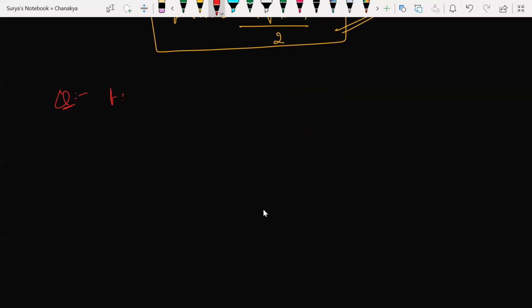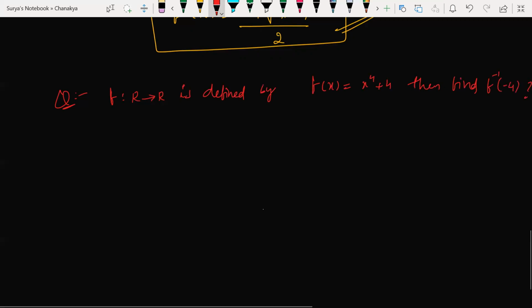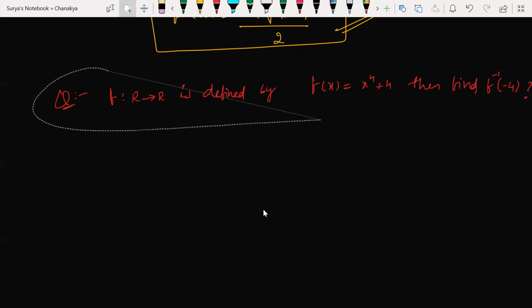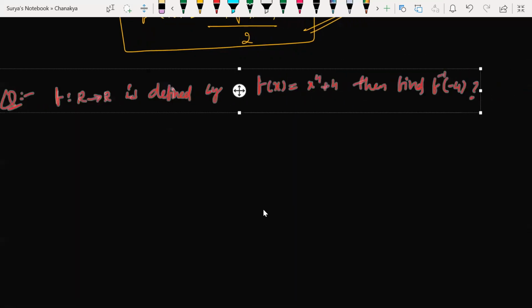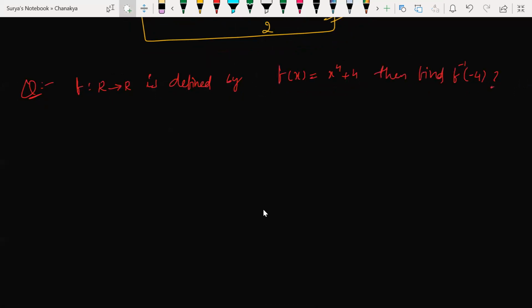If the function is a mapping from R to R, defined by f of x is equal to x to the power of 4 plus 4, then find f inverse of minus 4. f inverse of minus 4 is equal to x. Very simple, we'll apply the concept.